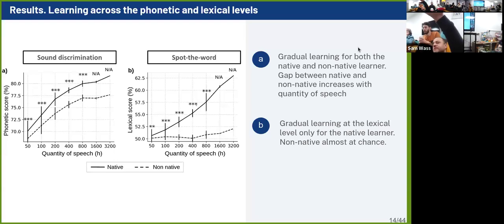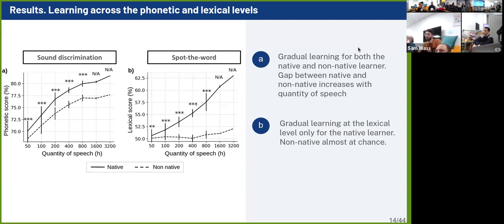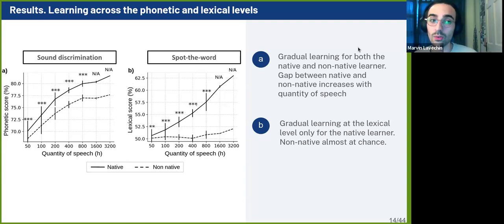And presumably at a low quantity of speech the variance is very high, so it would be quite easy to look at what drives that variance. When you just have a small amount of speech, some of the speech must be much more useful for learning than other bits. Yeah, that's an interesting question. The variance I'm showing is computed from models trained on different training sets, so different environments in a way.